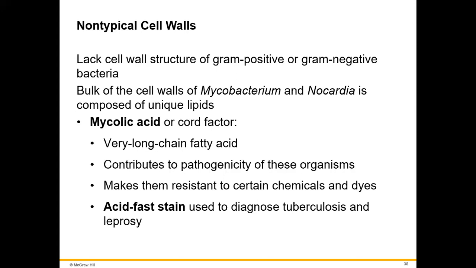It contributes to the pathogenicity. So Mycobacterium causes tuberculosis and leprosy. It makes them more resistant to chemicals, dyes, and antibiotics. Instead of using the gram stain to identify these bacteria, you have to use the acid-fast stain.